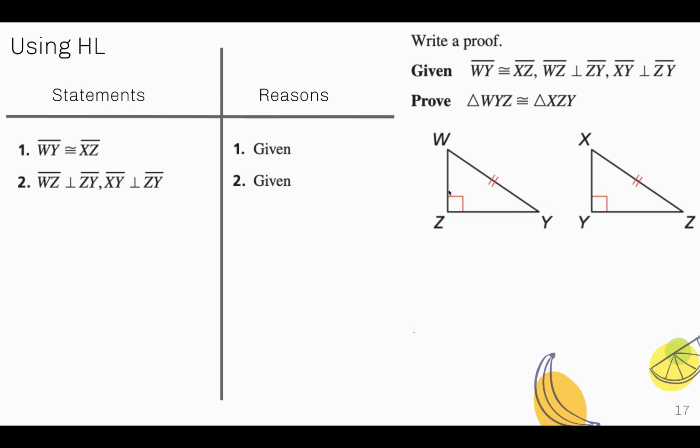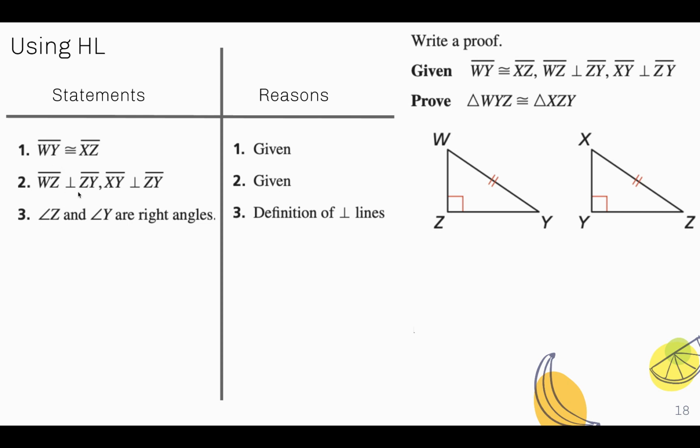All right, so here is our nice diagram that we redrew. Here are our givens. Here is the proof statement. Okay, so I put these in two different statements. Okay, these are both your givens. So where do we go from here? Well, before we go to the shared side, what can we do? We can say that angle Z and angle Y are right angles. Okay. Why do we have to say this?